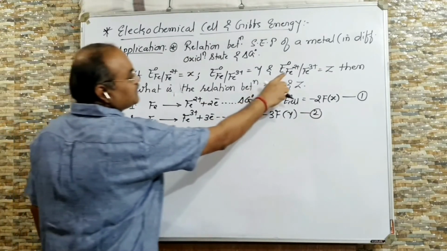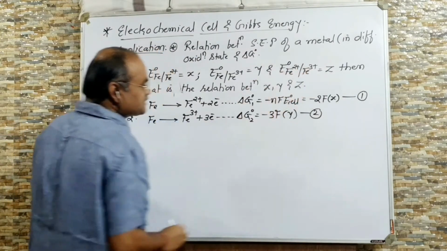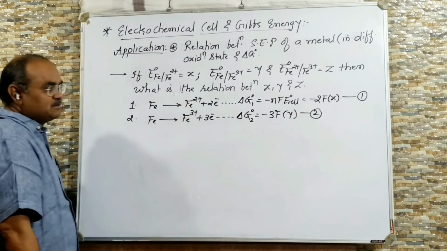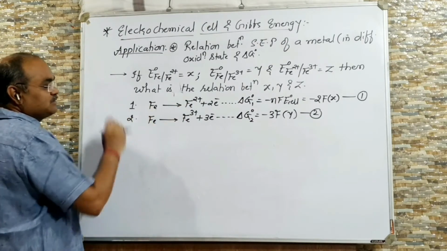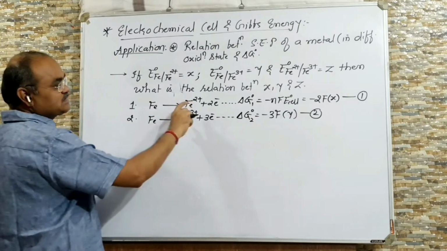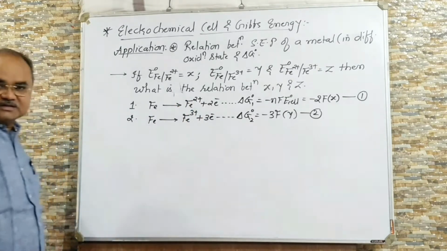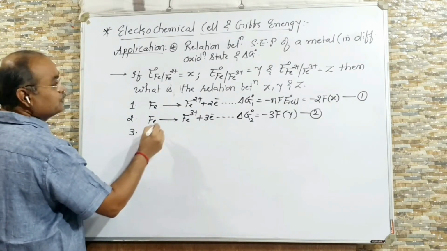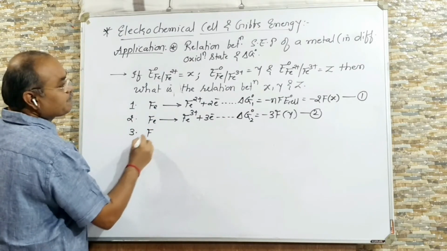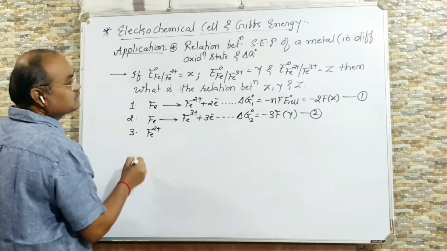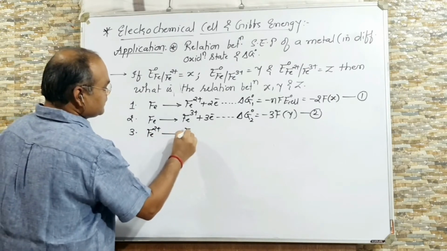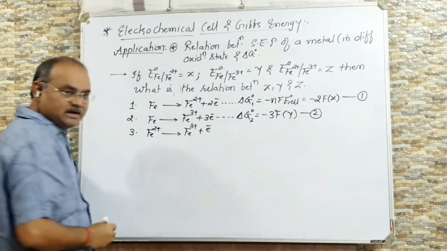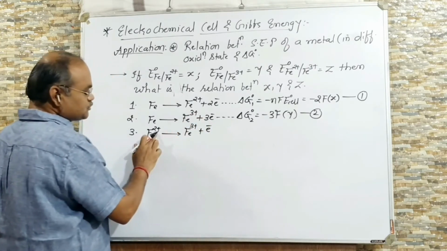Now you want Fe2+ gives Fe3+. That means you have to cancel this Fe. To cancel this Fe, you have to invert the equation. But the third equation I will write before doing that. Fe2+ gives Fe3+ by losing one electron, because plus 2 is already there.